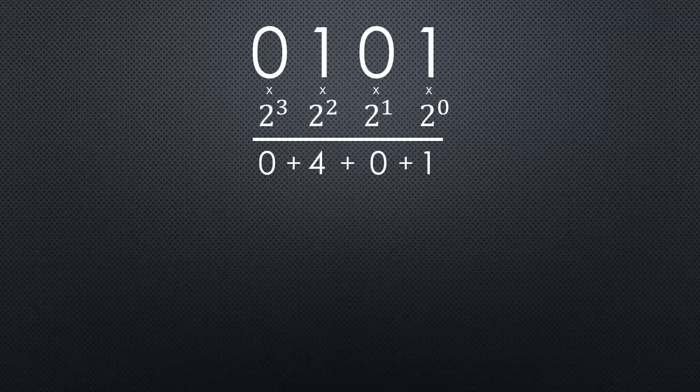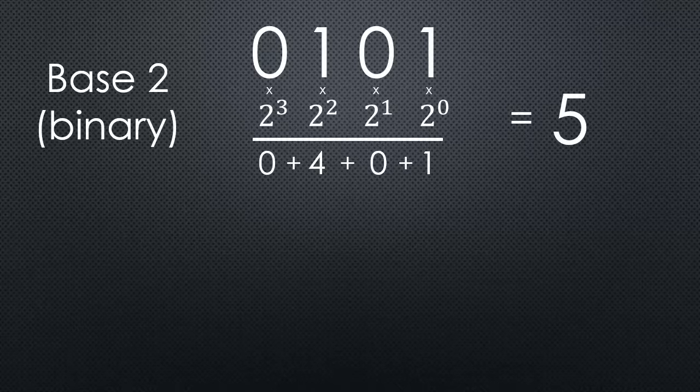See that? 1 times 2 to the second is 4. 1 times 2 to the 0 is 1, and then we add them, and so this is the binary representation of 5. This is the number 5 in binary. And because each place we're calculating based on 2 to the something power, we call it base 2. That's binary. It's base 2 representation of a number, and we only need 2 digits to represent this number.